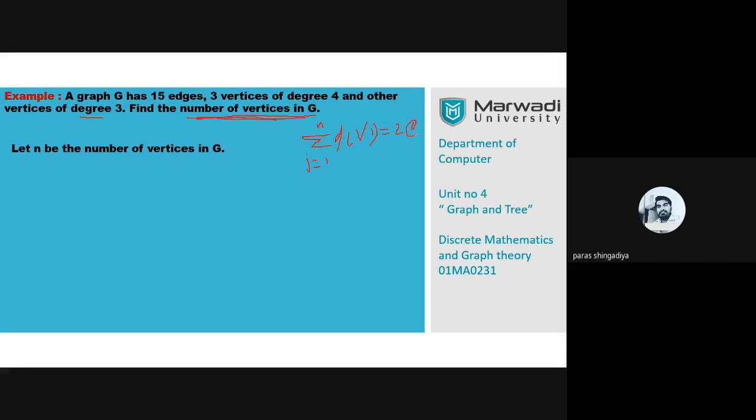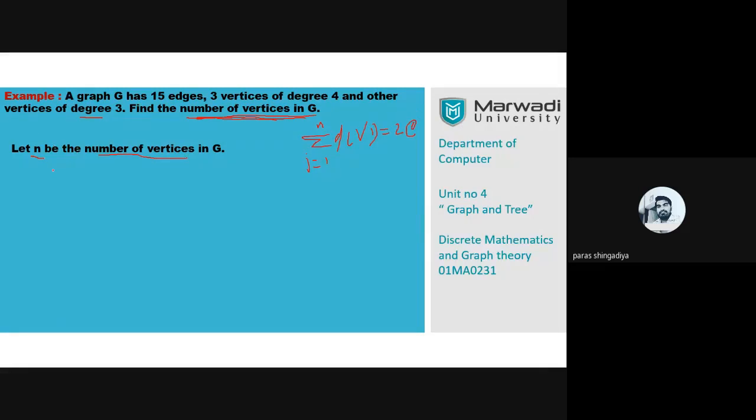Clear? That is the statement of this theorem. Sum from i from 1 to n of degree of vi is 2 times e. So let us take n to be the number of vertices. Clear? It is arbitrary here.